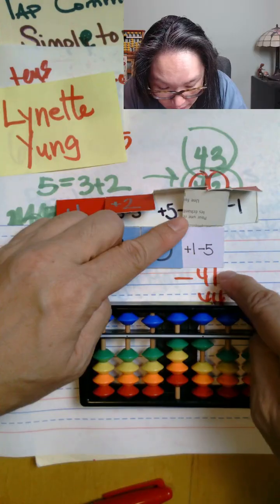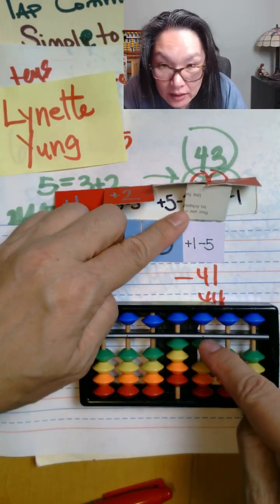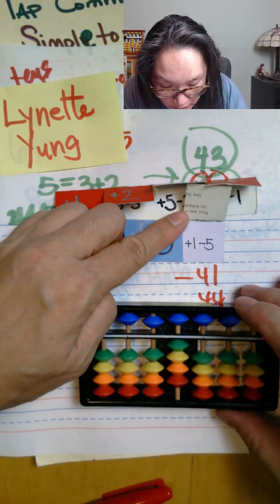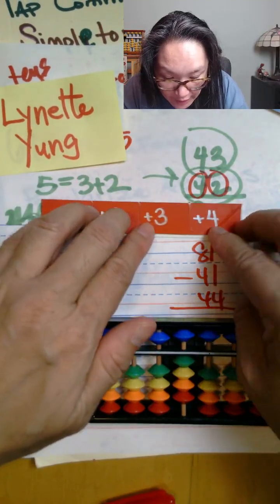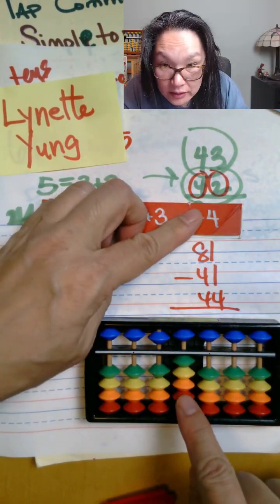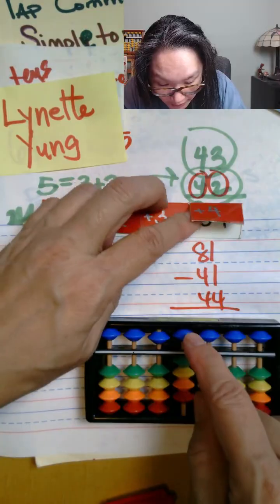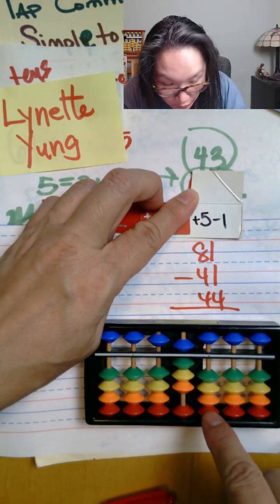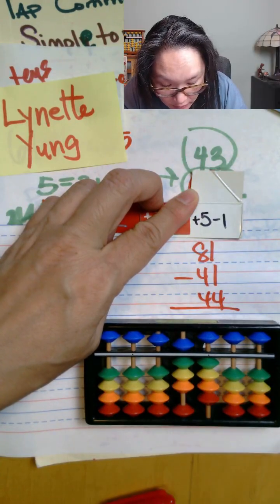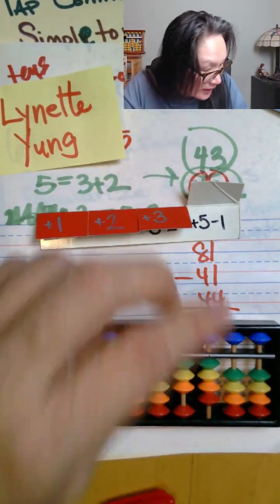And then I got to minus the 1. Is there enough to minus the 1? Yeah. So I'm just going to minus the 1. And then I have plus 44. I want to add 4. So I have to add 4. Is there enough? Yeah. I'm going to add 4. So plus the 5 minus the 1. And then, is there enough to add the 4? Yes, there is enough to add the 4. And that's it. So what is my answer?